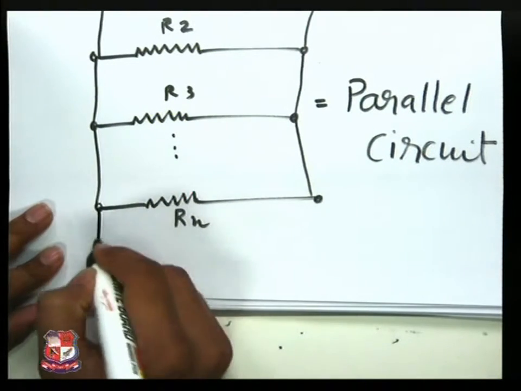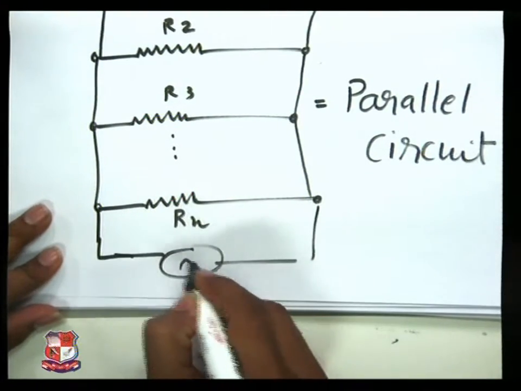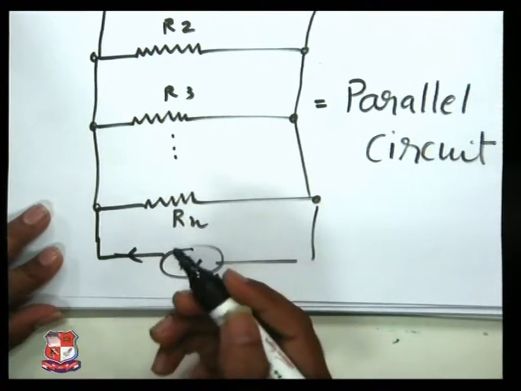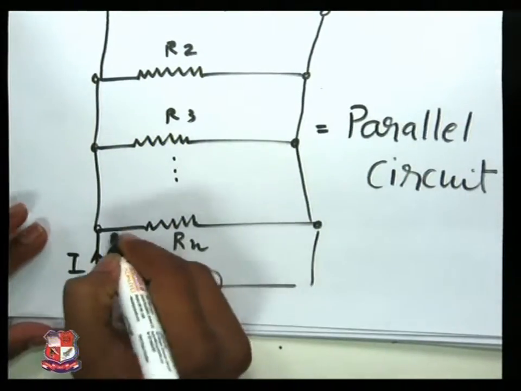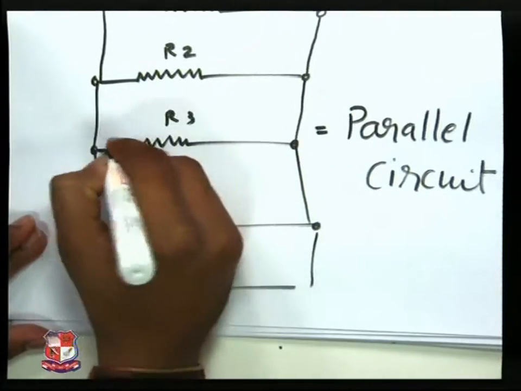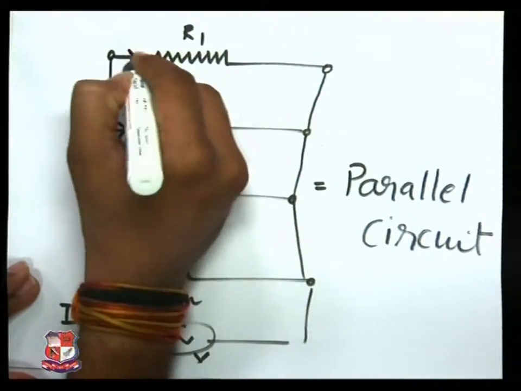If you apply any voltage V, whatever current passes through the circuit is divided, such that this one is I, this one is IN, this one is I3, this is I2, this is I1.